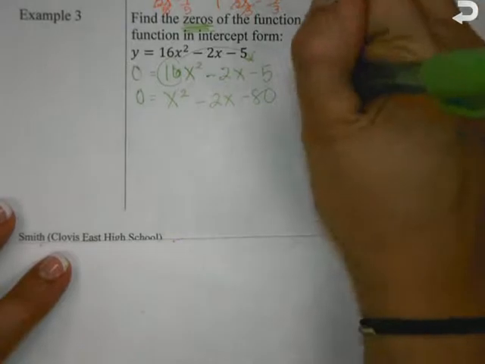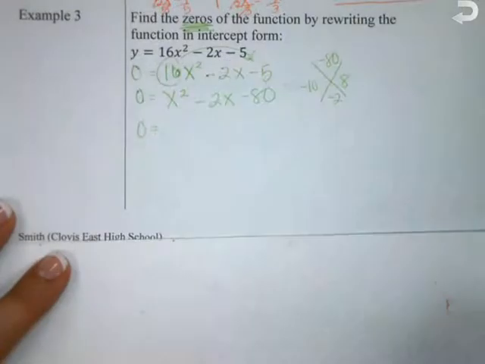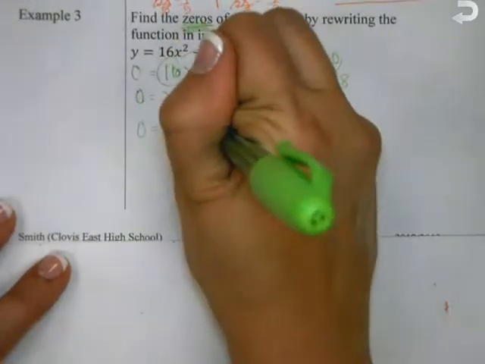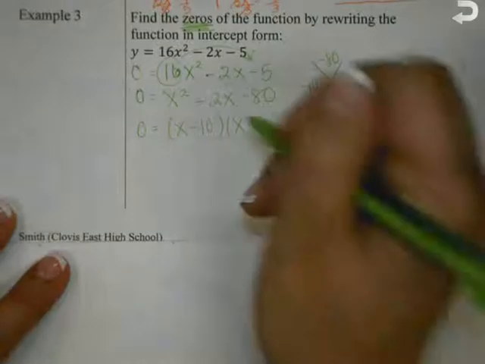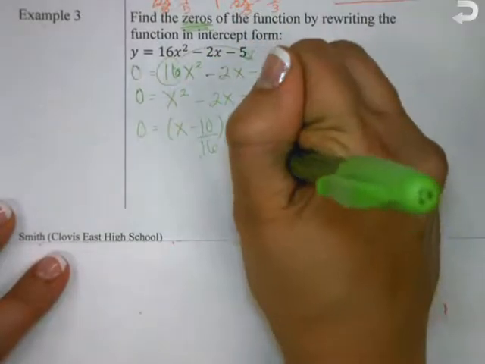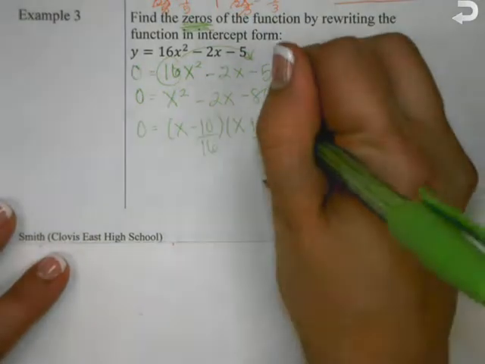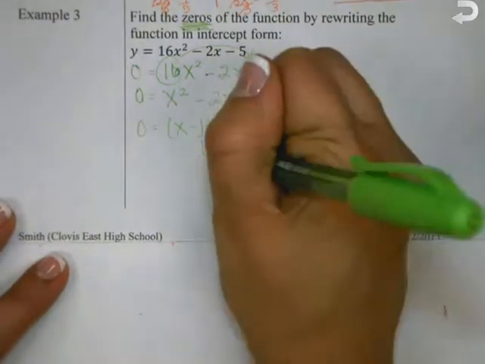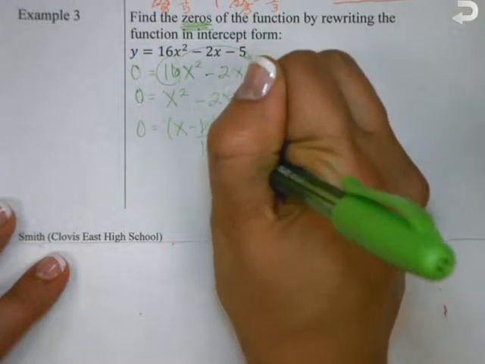So that gives me x minus 10 times x plus 8. Divide everything by 16. 8 goes into 16 twice, and 10 and 16 both reduce by 2. So that would be 5 over 8. And then we bring the bottoms up.